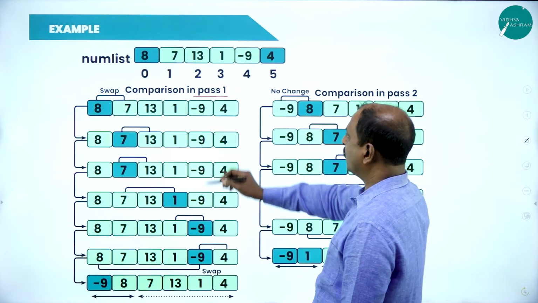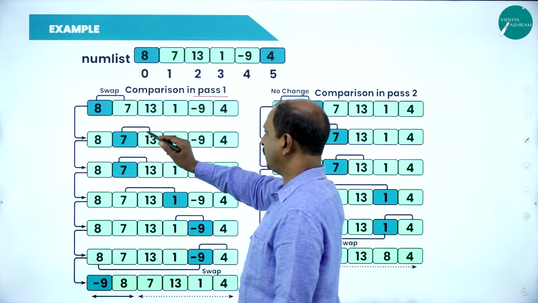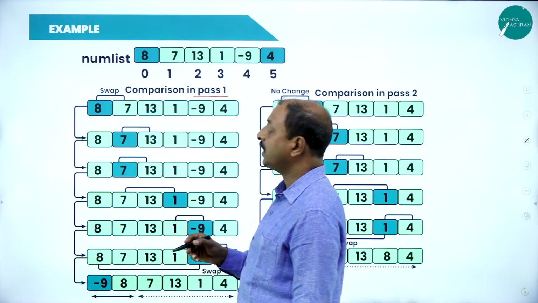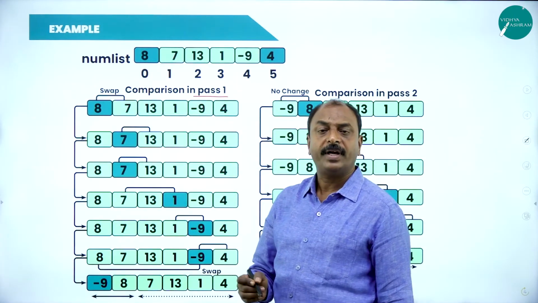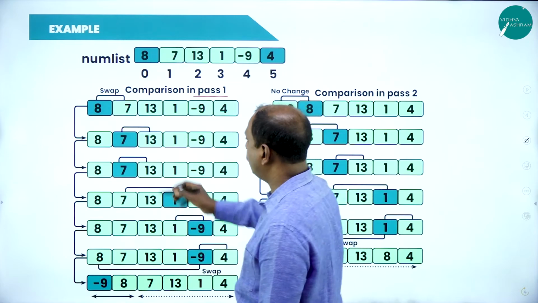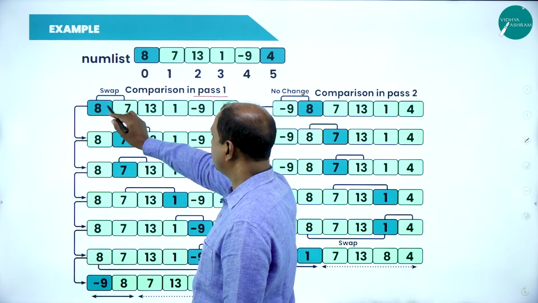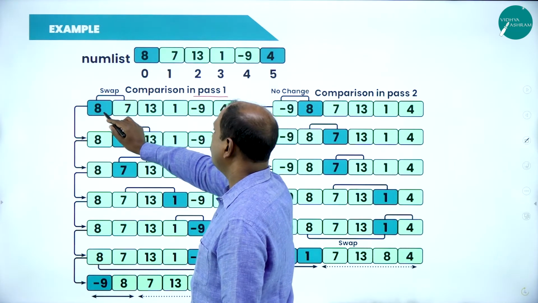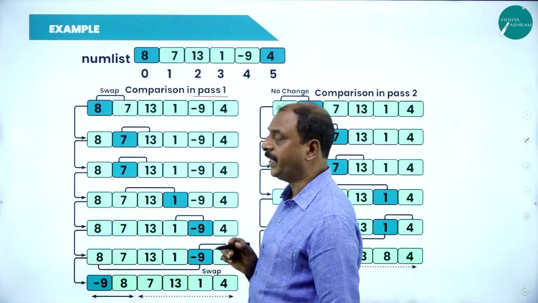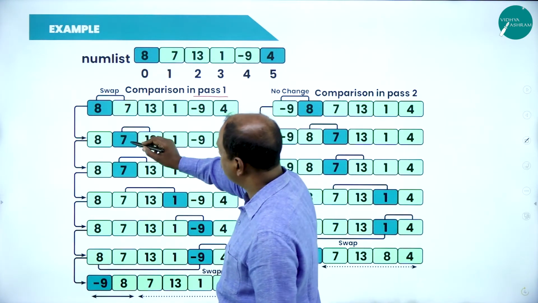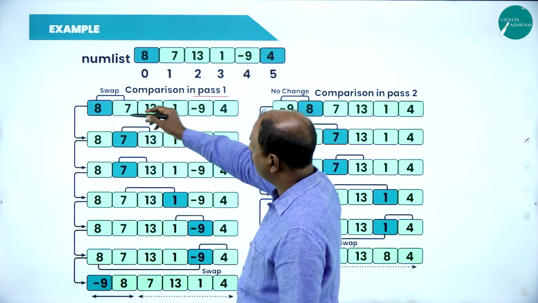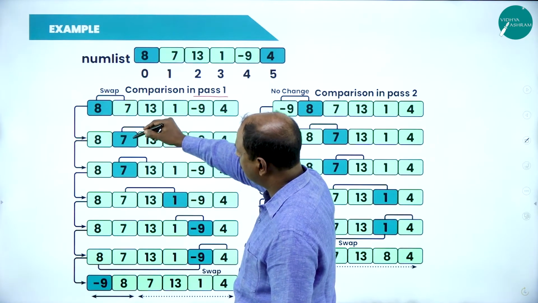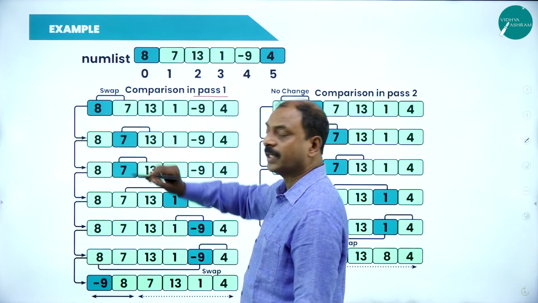Here we are going to compare the two elements, 8 and 7. The process is to find the smallest element. Comparing these two, 8 is greater than 7, so 7 is the smallest element. You can observe that we have marked 7 in green color, as the smallest element.